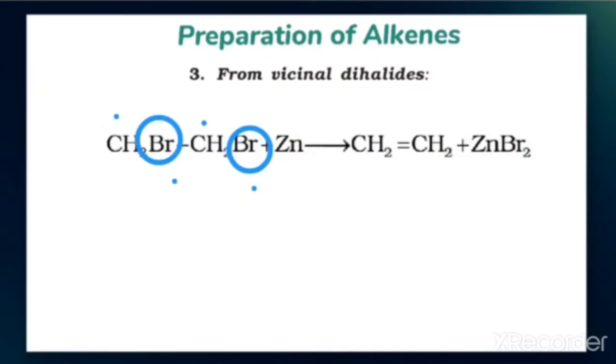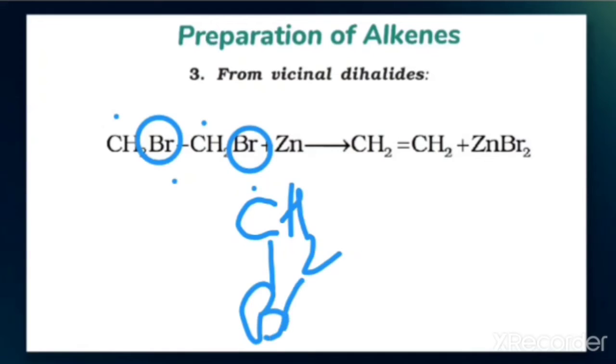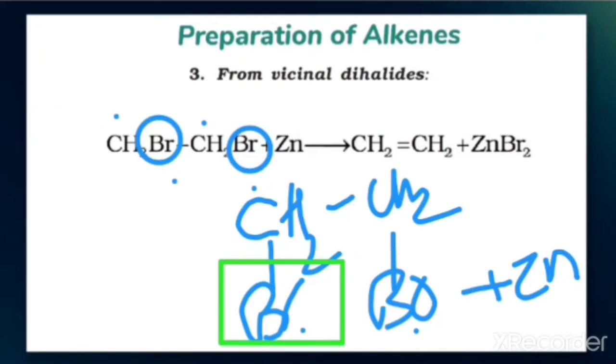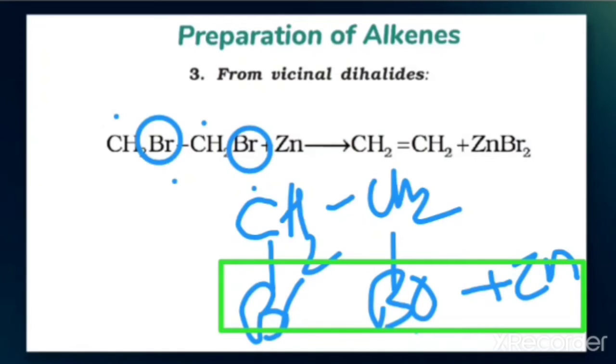How can we expand this equation? Better to write it this way: CH2Br, CH2Br. This is a vicinal dihalide because the halo groups are attached to adjacent carbons. Now when it combines with zinc, there is removal of the side product, that is 2 Br and 1 Zn, forming ZnBr2.